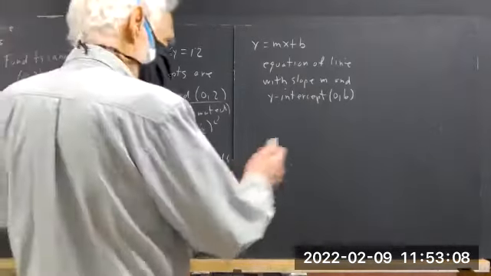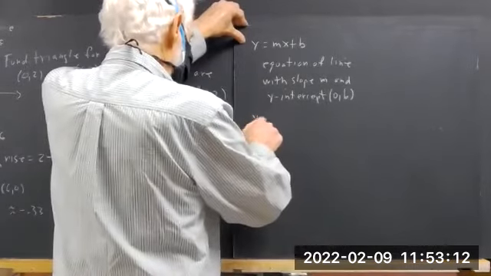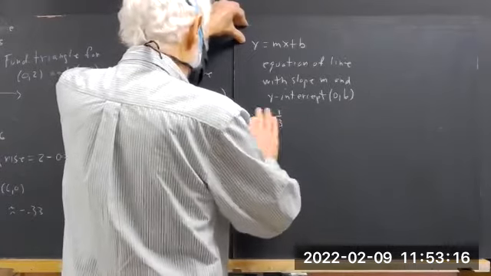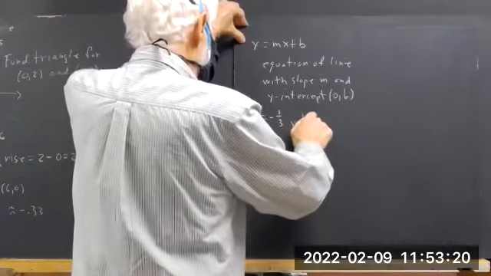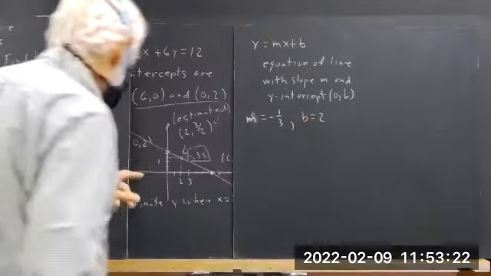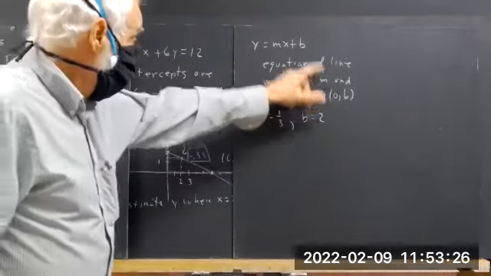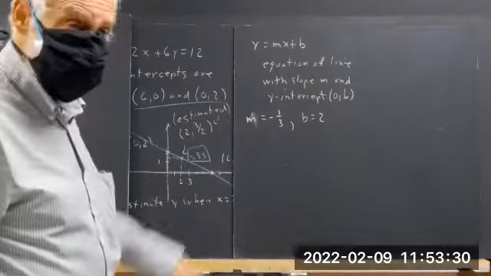I should have said that earlier. Okay, so m is negative 1/3. And b is 2. Right there it is. There's your y-intercept, 0, 2. That's what the meaning of b is. And there's your slope, which is negative 1/3.